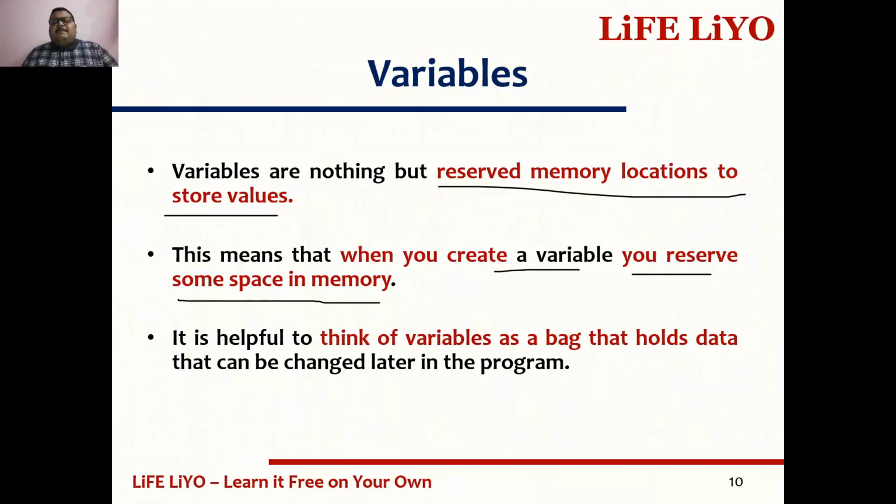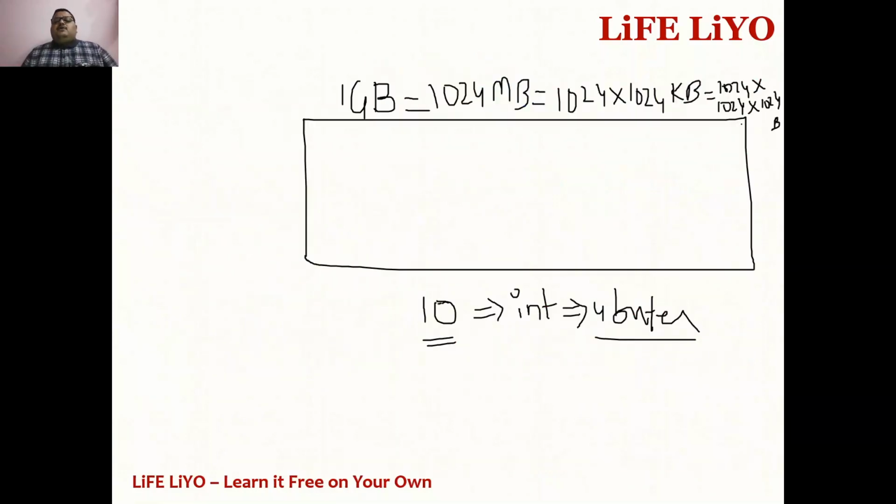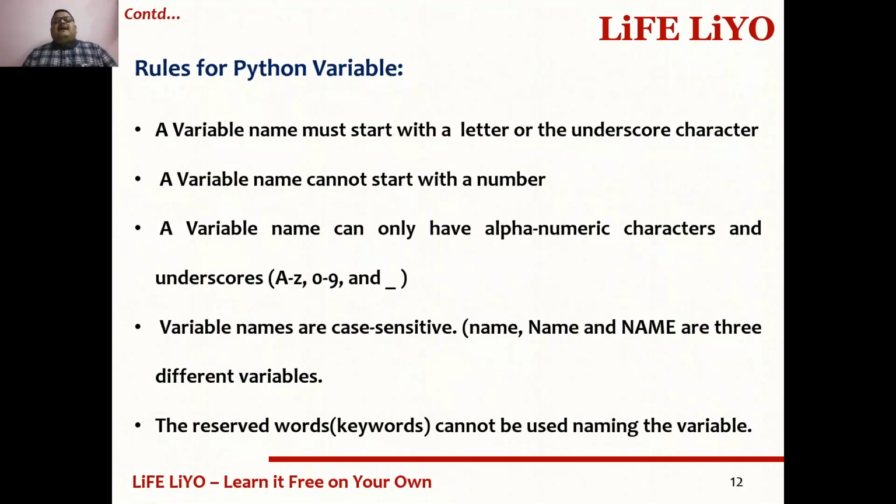In a simple manner, a variable can be thought of as a bag that holds the data, which can be changed later or used in the program. That is a variable. But to write a variable, we must follow some rules.